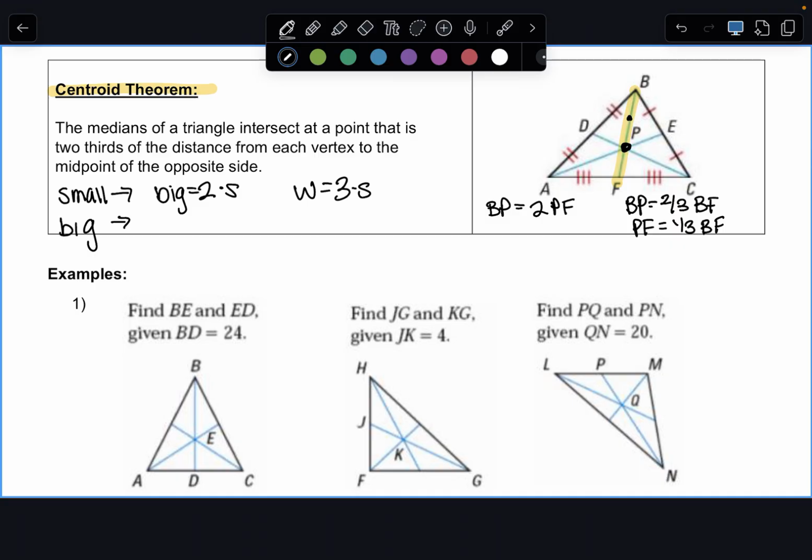Okay, how do you get from 10 to 5? You divide by 2. Okay, so to go from big to small, you take your big piece and you divide it by 2. Okay? And then once you have the small, we can just do the exact same thing we did before to get the whole. 3 times the small.